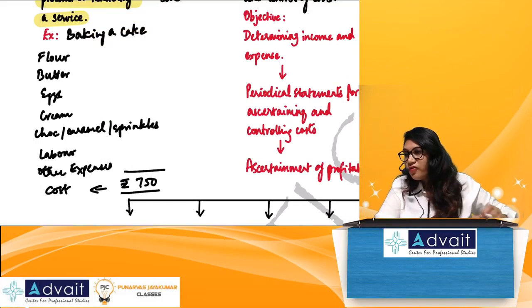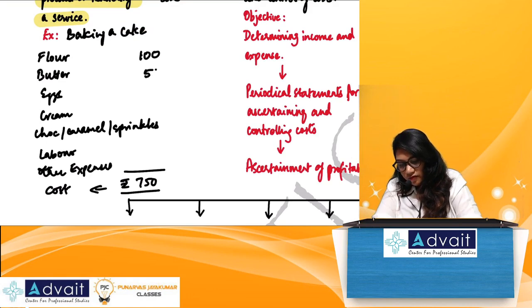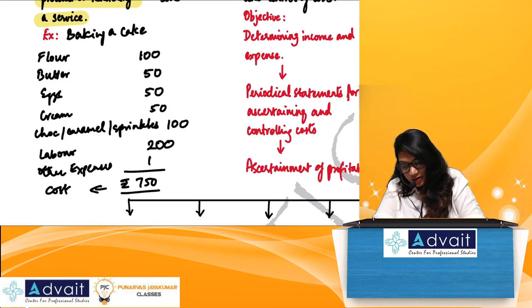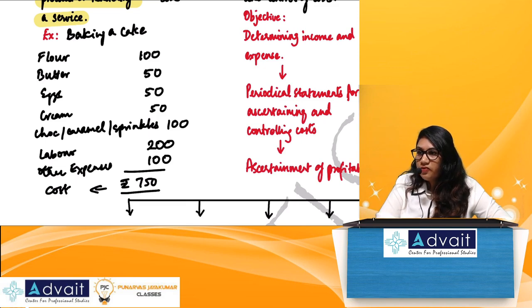Can you all tell me what figures you put? Flour, 100. Tell me what figures you put. Butter, 50. Cream, again 50, 100. Okay, same figures as mine. Other 100. 650.